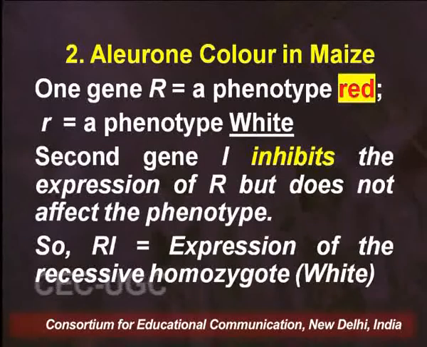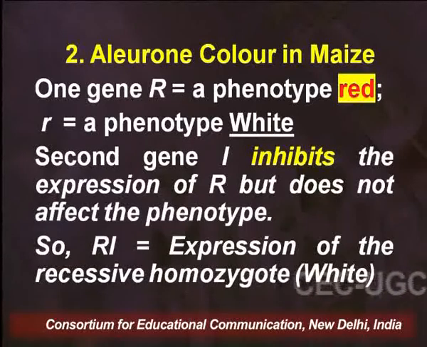The other example which we wish to signify here in terms of 13:3 ratio is the aleurone color in maize. Now, the aleurone layer in caryopsis of maize is having a gene capital R, and if it is there, then the phenotype is red, and if it is small r, then the phenotype is white.